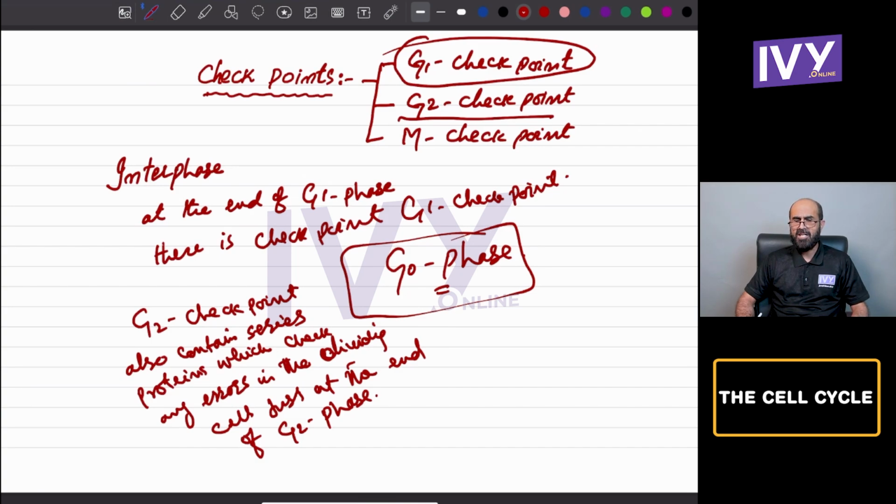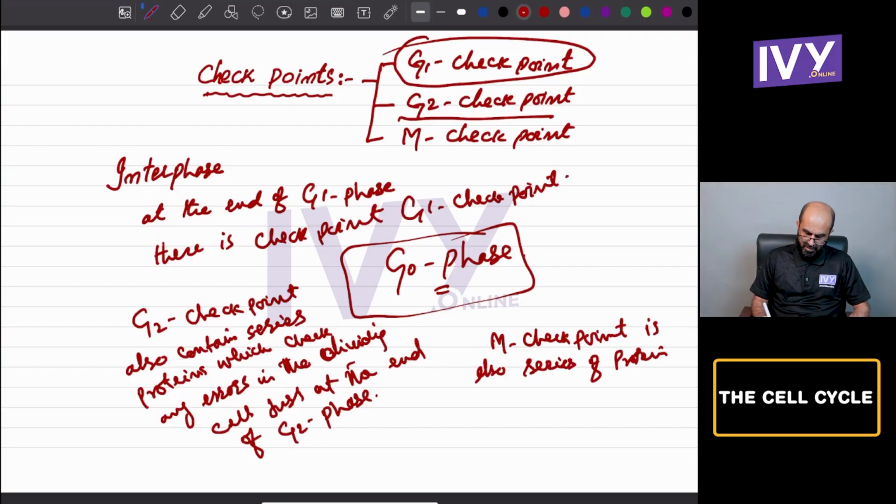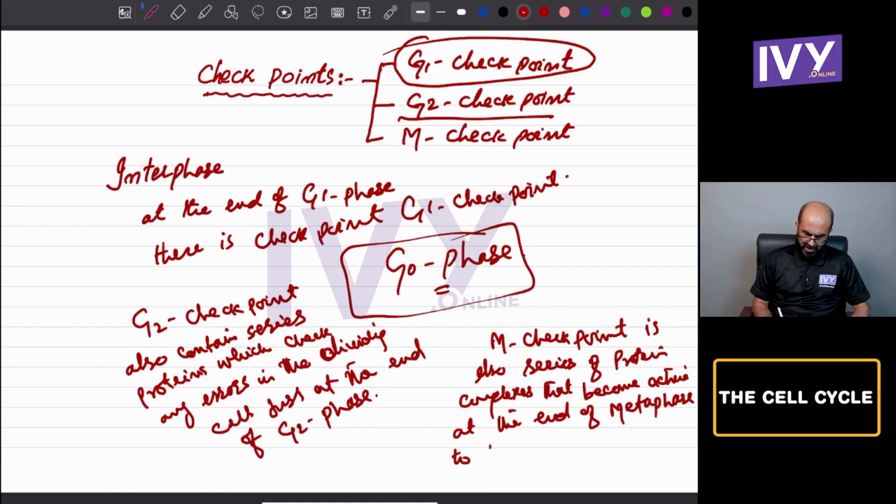When metaphase has been completed, then there will be another checkpoint which is called M checkpoint, M for metaphase or for mitosis. So M checkpoint is also a series of protein complexes that become active at the end of metaphase, to check any errors in the previous steps of mitosis.